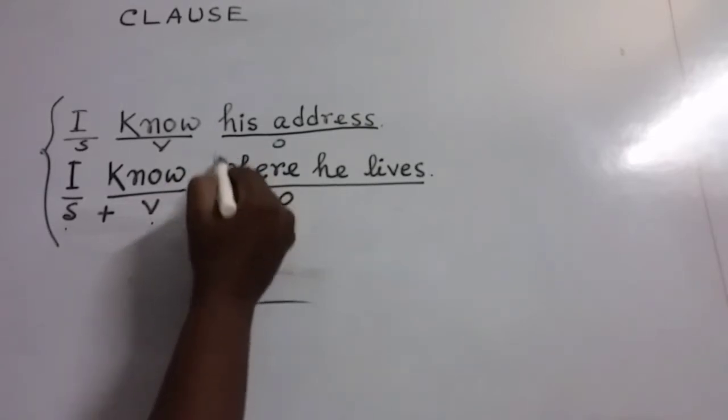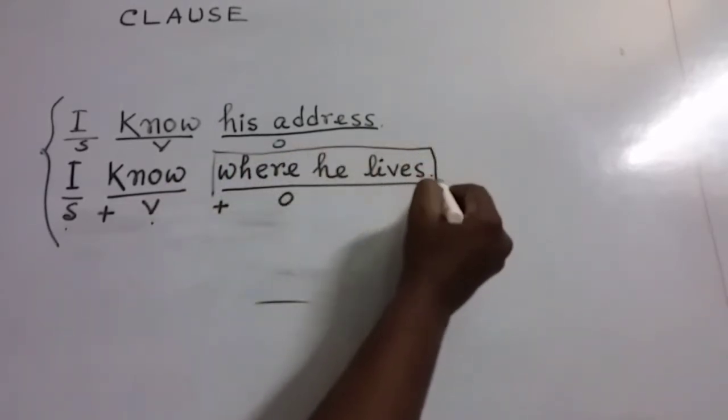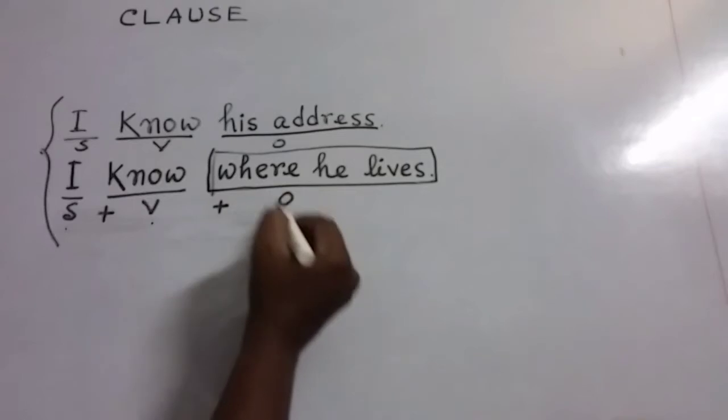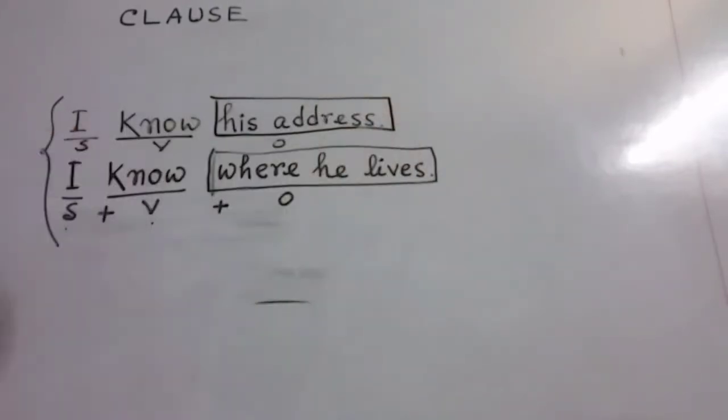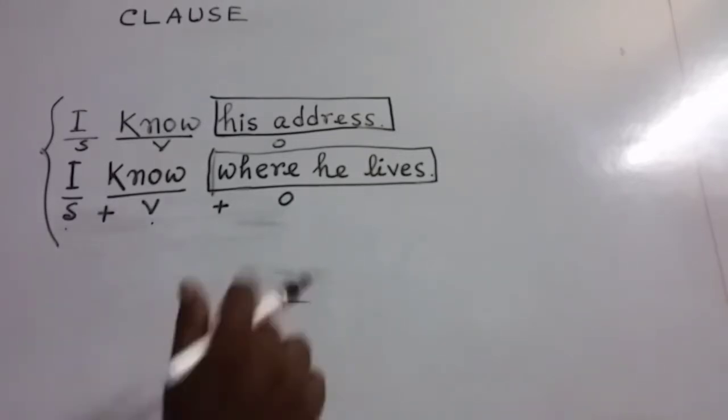And here we have used one group of words as an object. Here also we have used one group of words. Now what's the difference between these groups of words? It's clear.